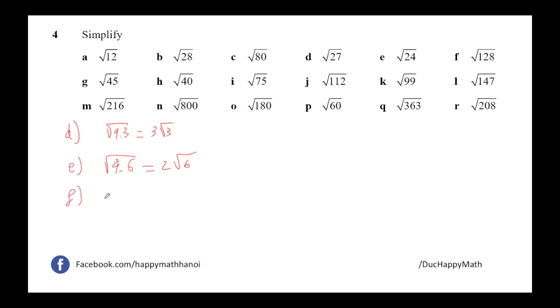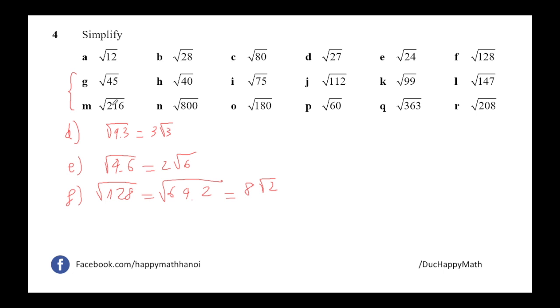F may be larger. 128, so I can take it as 64. Yes, 64 is the perfect square, and you will get 8 times the square root of 2.